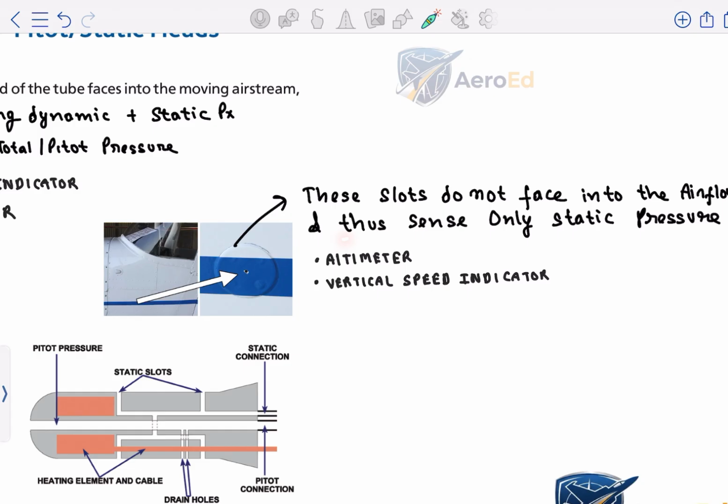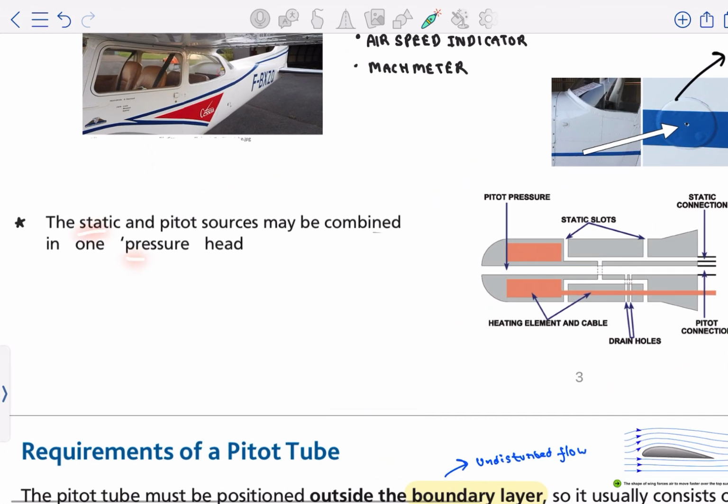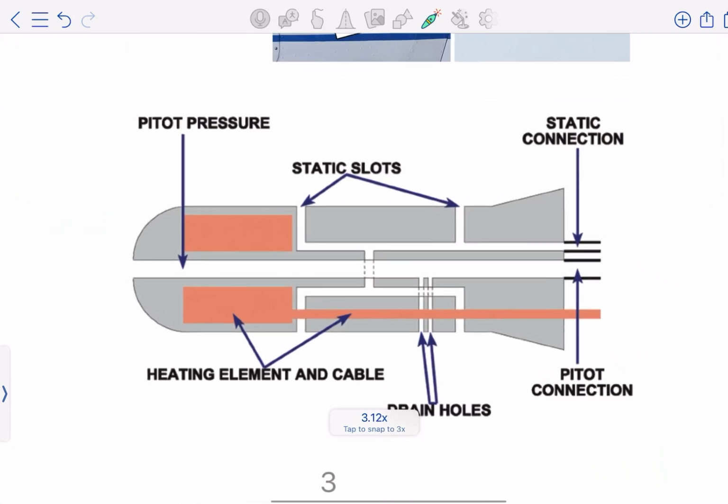It is perpendicular to the airflow and thus only senses the static pressure. All right. The static and pitot sources may be combined in one pressure head. As we can see from this picture, from here the pitot pressure is sensed, and from the static slots the static pressure is sensed, right?